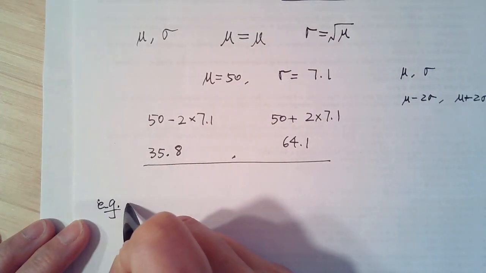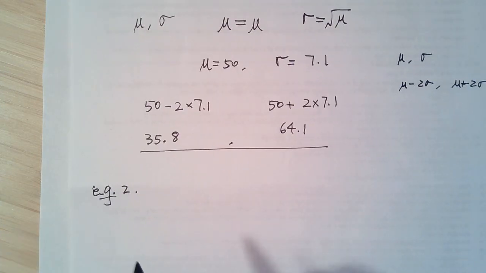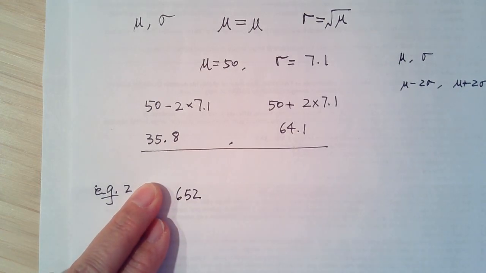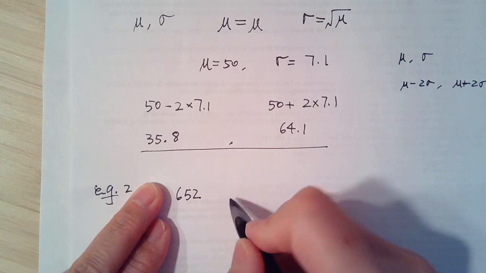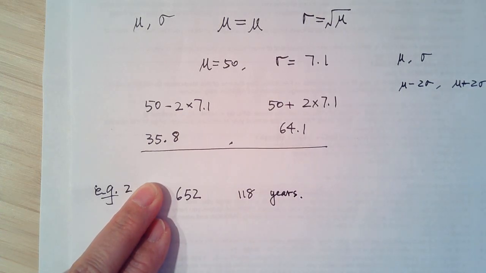There have been 652 Atlantic hurricanes during 118 years. We assume that the Poisson distribution is a suitable model, so we're going to use the Poisson distribution. Can you find the mean number of hurricanes per year? That's how many hurricanes in this many years.